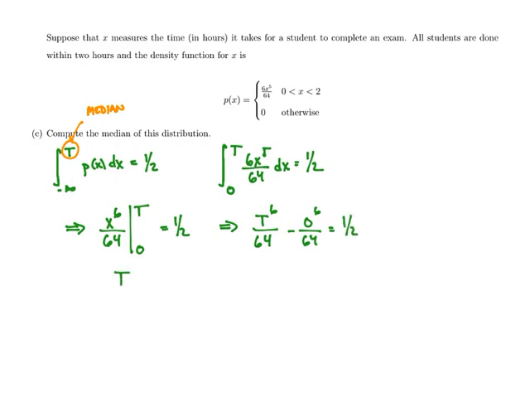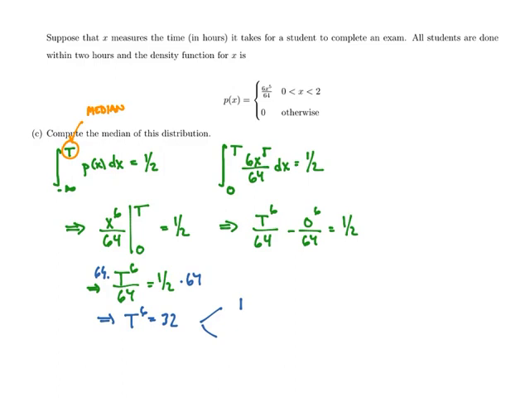So we have t to the 6th over 64 is equal to 1/2. We're going to solve for t. So we're going to multiply both sides by 64, which will give us t to the 6th equals 32. And then to solve for t here, we're going to take the 6th root.